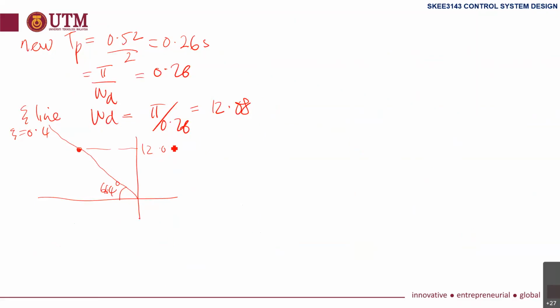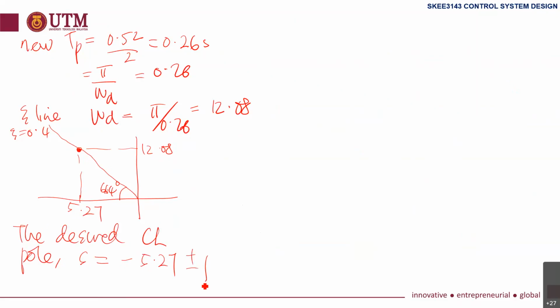If this is 12.08, using trigonometry, we get this value 5.27, negative. Therefore, the desired closed loop pole is s equals minus 5.27 plus j 12.08. We need to design a PD controller so that the pole is on the new root locus.